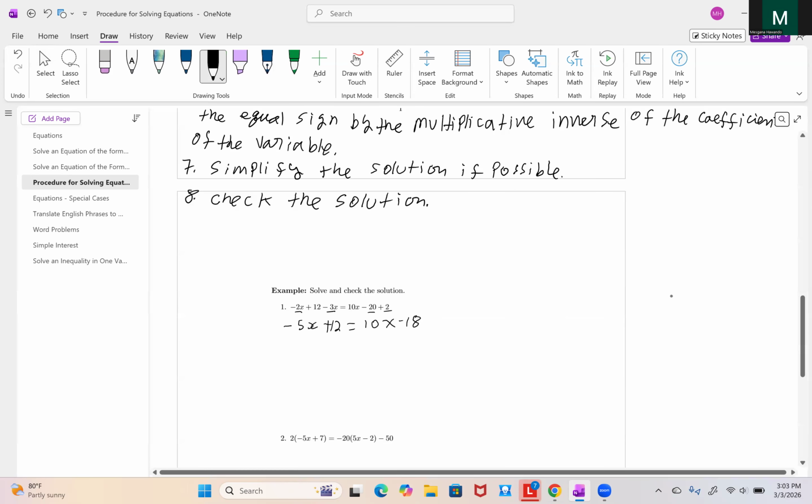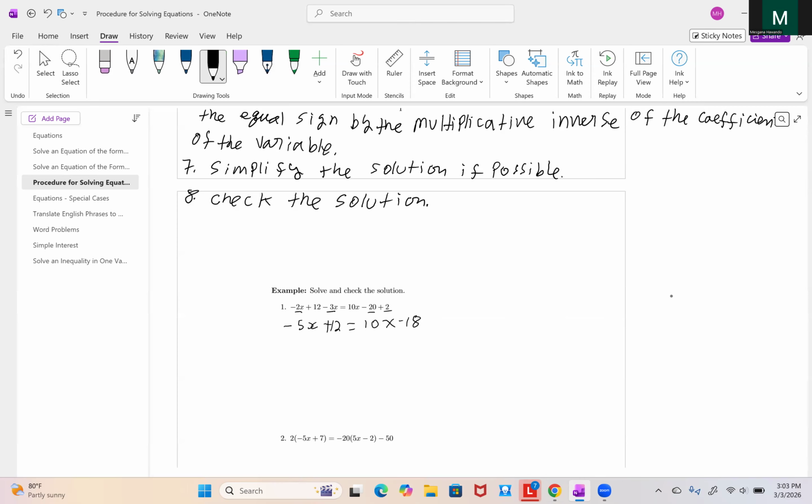We add 5x, the additive inverse of the coefficient minus 5, to both sides. Minus 5x plus 5x is 0. 0 plus 12 is 12. So we have 12 is equal to 10x plus 5x, 15x, minus 18.